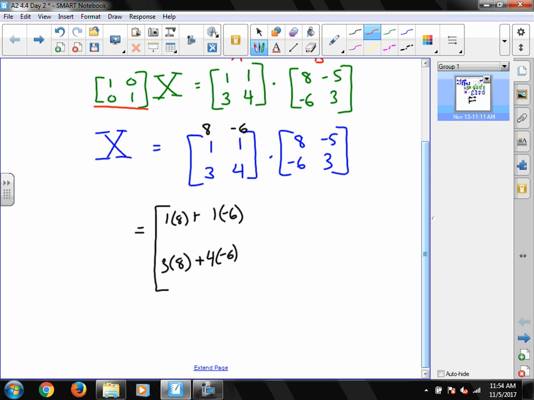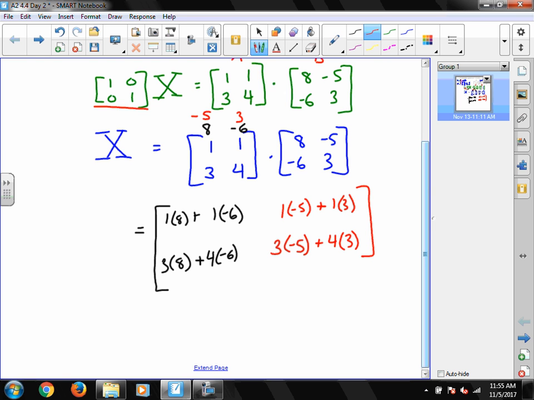And then I'm going to do the same thing with my negative 5 and my 3. A new column starts a new column. So you're going to take 1 times negative 5 and 3 times negative 5 plus 1 times 3 plus 4 times 3.